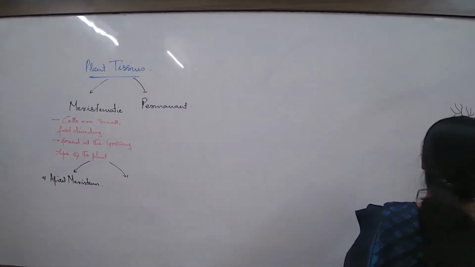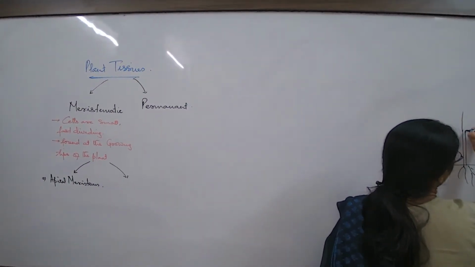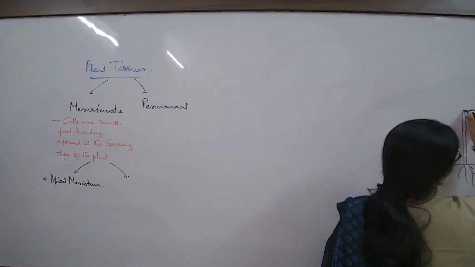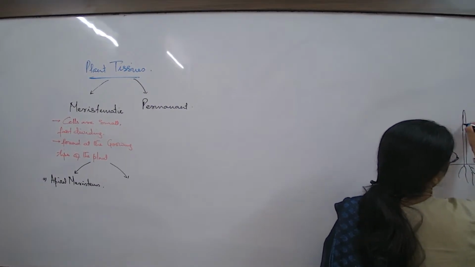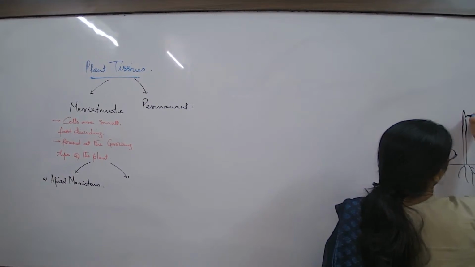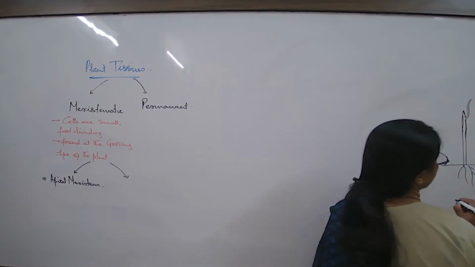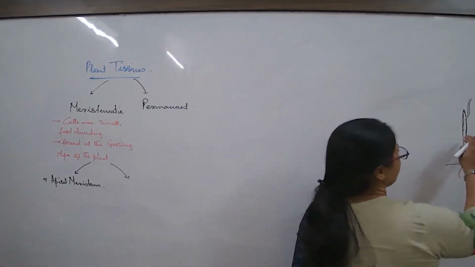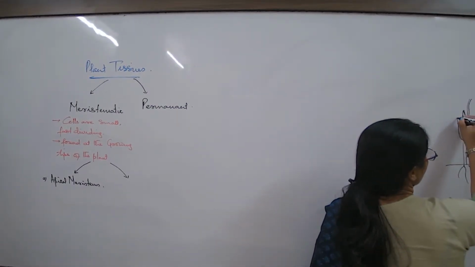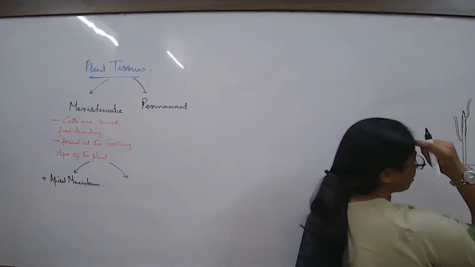This part keeps on dividing and results in the formation of branches. That is how a plant generally grows.